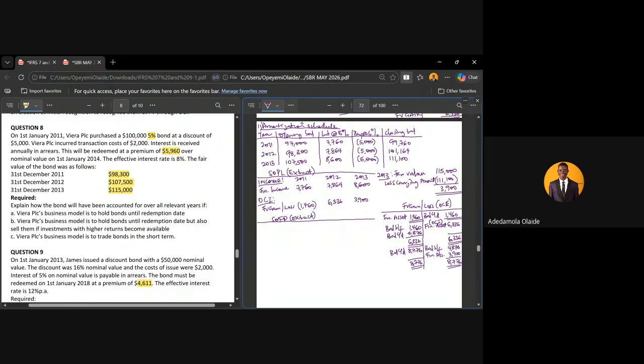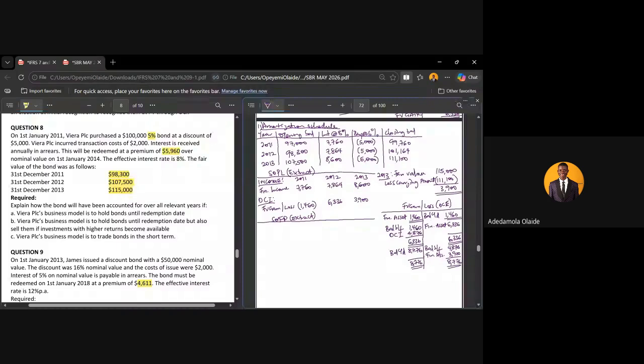Okay, sorry, I think we've mixed it up. This should have been our OCI. The difference we have here should have been debited to the financial asset account and credited to the other comprehensive income, being the gain we made during the year.